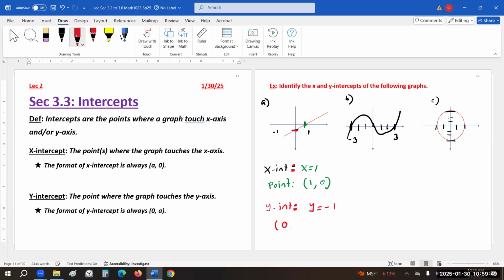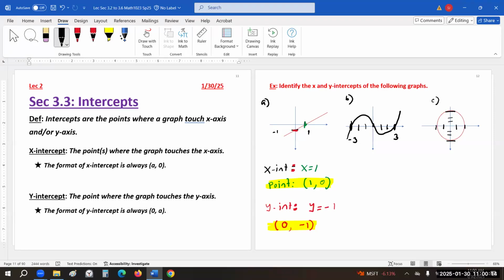So x is 0 and y is -1. In your final exam, you have to graph a line, find the x-intercept and y-intercept, and you have to write them in point format, not as an equation format. So the final exam wants points.